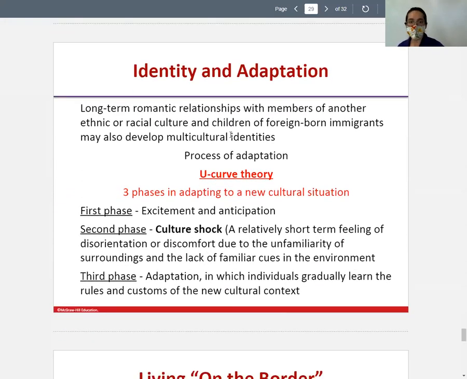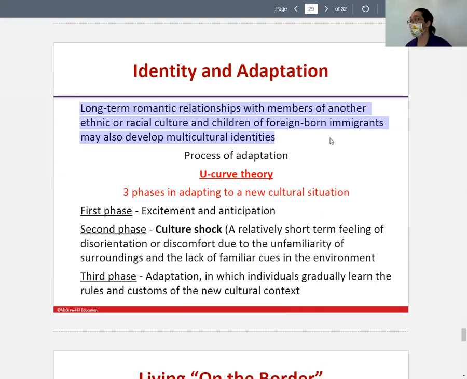And then, with this point, anyone can become more multicultural. Anyone can develop a multicultural identity. If you have long-term relationships, whether they be friendships or romantic relationships, or if you're a child of immigrants, then you can definitely have a multicultural identity.